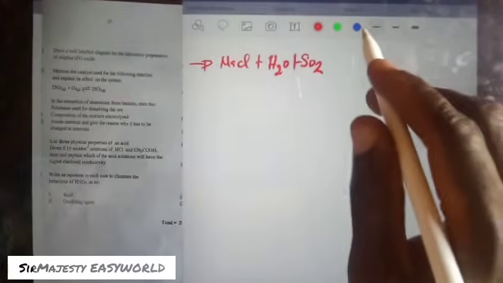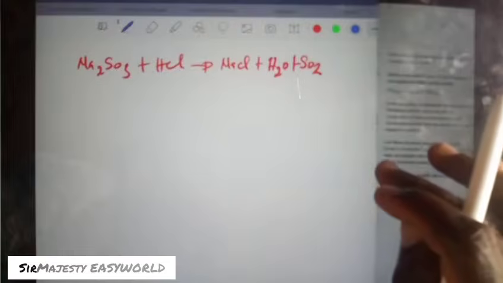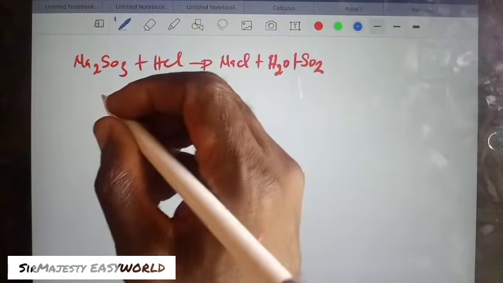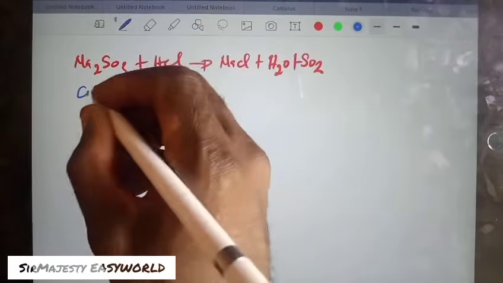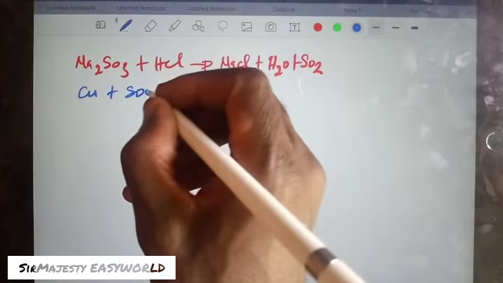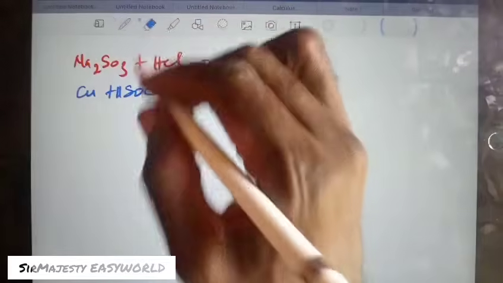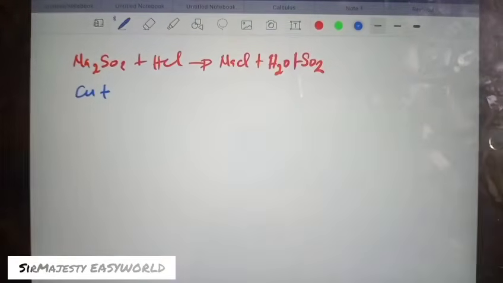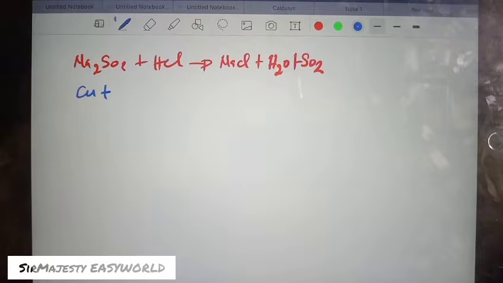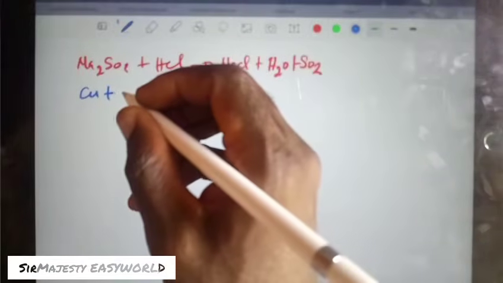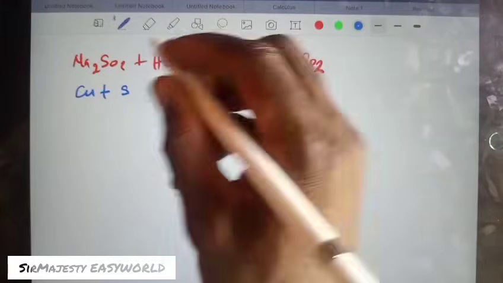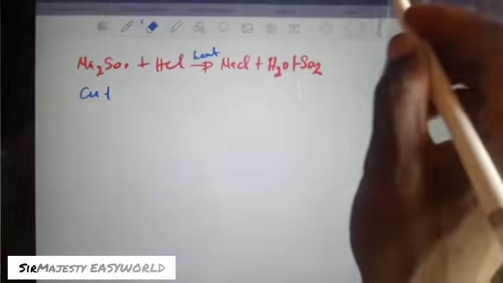So let me change, or maybe I'll keep using my red, no problem. Another way, commonly the way I prepare it also, is this way. I think I prefer this method. If you watch my video on the fountain experiment, where I use SO2, HCl, many of the gases to perform an astonishing fountain, what I used there was heated copper with conc H2SO4.